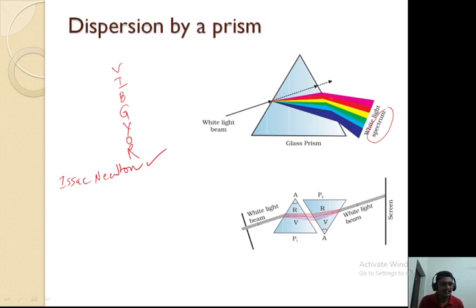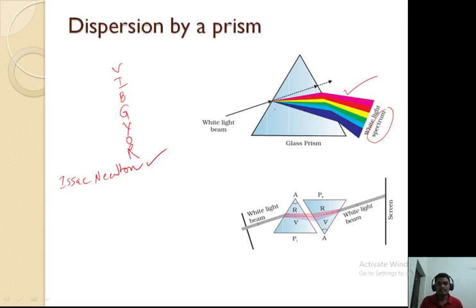When you observe the spectrum of light, naturally one question arises: how do you get different colors from the prism? Is the prism somehow creating the colors, or does it only separate the colors already present in the white light?